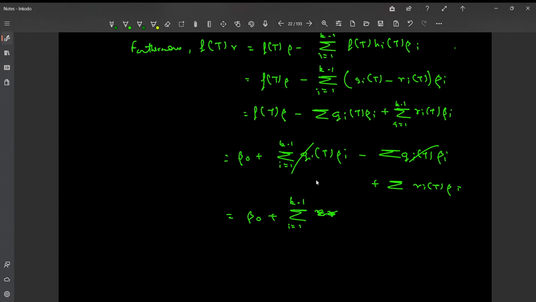Let me just use the notation r_i(T) beta_i. I don't want to confuse between r and gamma, because I readily got confused when I was writing this proof down.